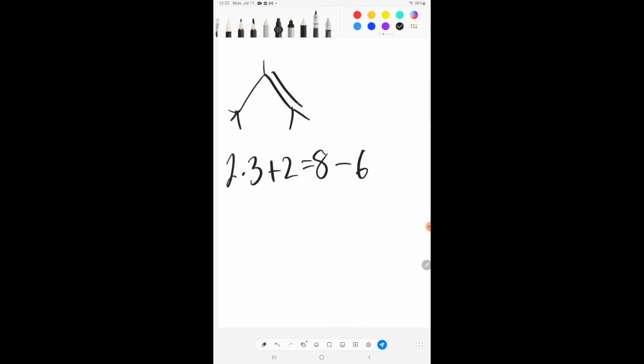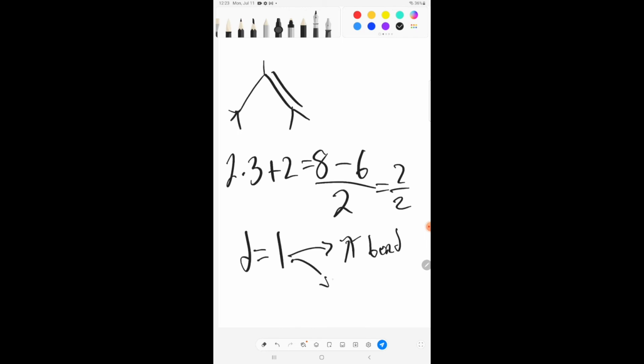There are no halogens. So it's 8 minus 6, which is 2, divided by 2. 2 over 2 is equal to 1. So degrees of unsaturation is equal to 1. And like I said before, this is an indicator for a single pi bond or a ring. And in this case, it is that single pi bond that we see right here.